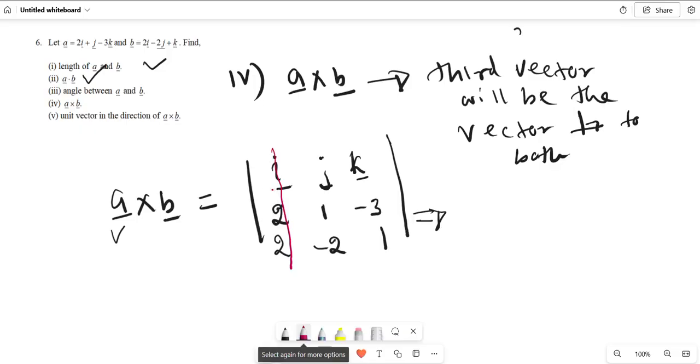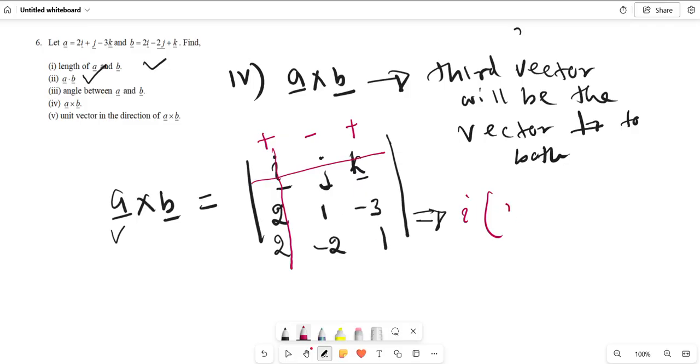Then i times, starting with positive. The signs go positive, negative, positive, alternating. Now when we draw this vertical and horizontal line, these two are cut off and the remaining part is what we need, so you get the determinant value of the remaining part.